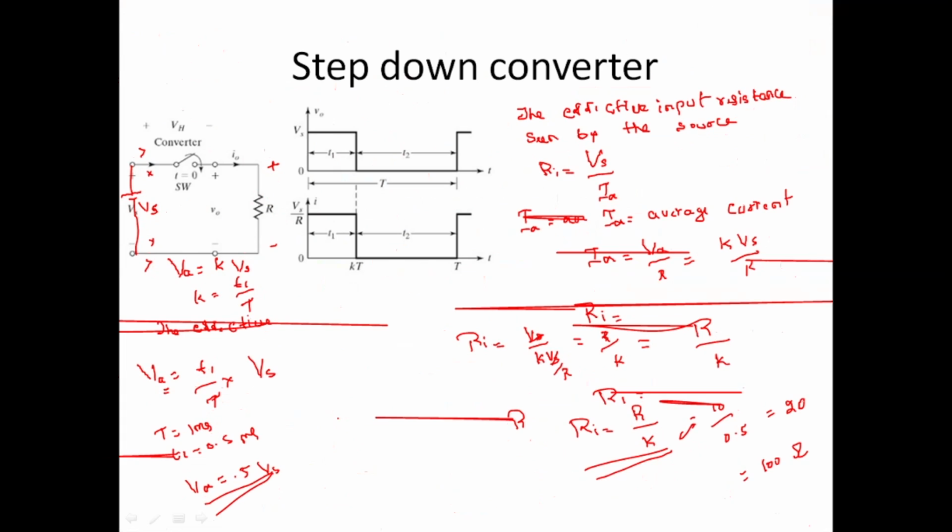So actually, here T is constant and on time we are going to vary. We are changing the on time and we keep T, the period of the switching, constant. So this is constant switching period operation, commonly known as constant switching frequency operation, or else it is popular as constant frequency operation.